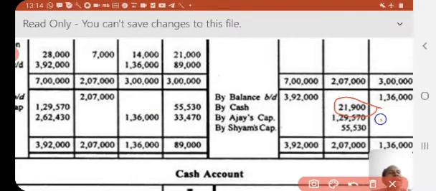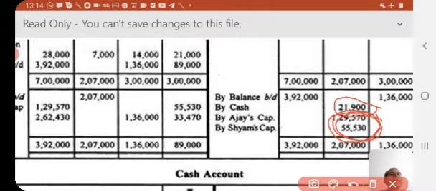But remaining amount should be borne by solvent partners, solvent partners who have the credit balance. This is the most important.